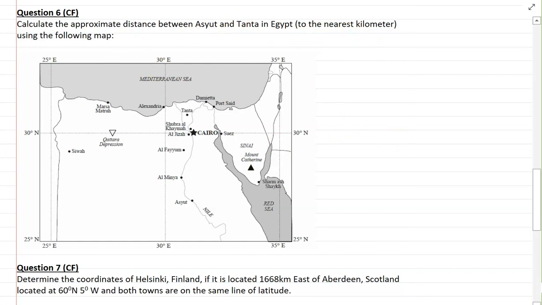So first point of this problem would be to find where those towns are. Then consider, am I finding a horizontal distance or a vertical distance? And then you should be able to hopefully clue on to which formula you would use from your formula sheet to calculate the distance. Okay, press pause and give it a go.